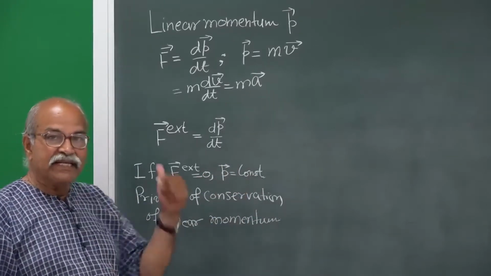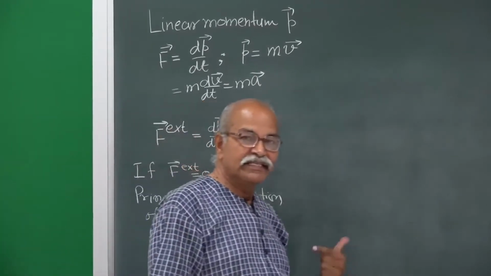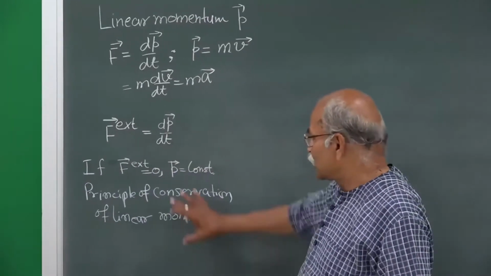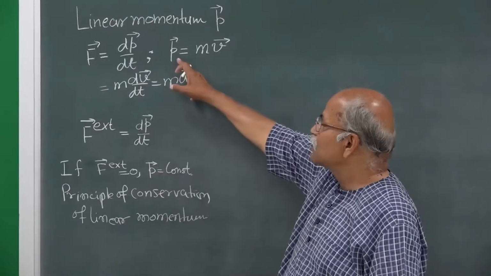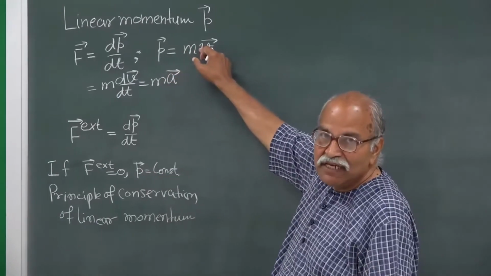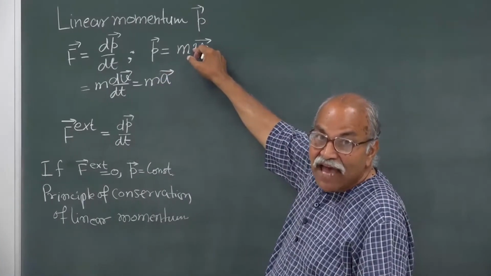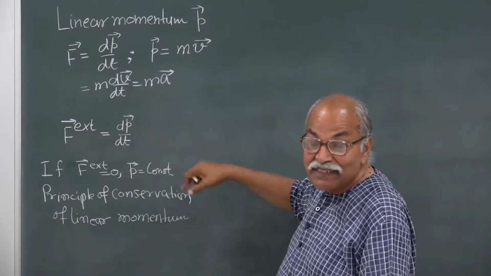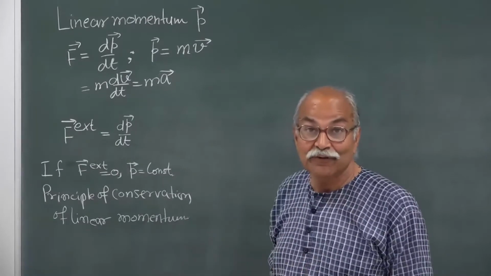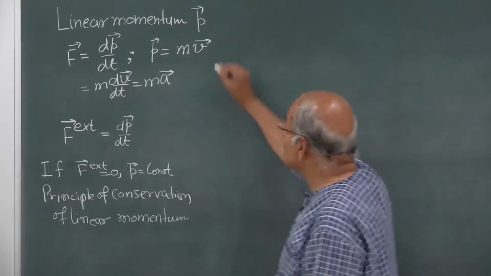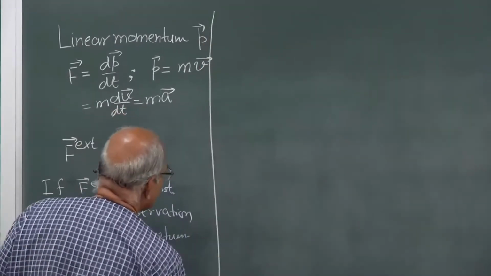So, first I will take an example and see if this principle of conservation of linear momentum with this definition p is equal to m times v is valid when your speeds are high, or it has to be looked into. So, I take a specific example.